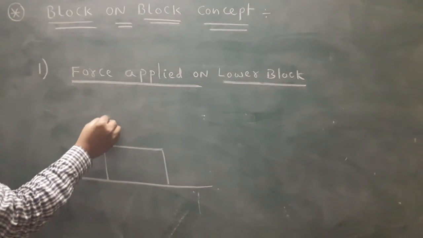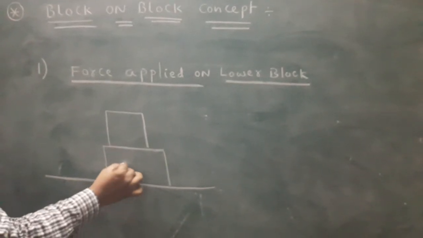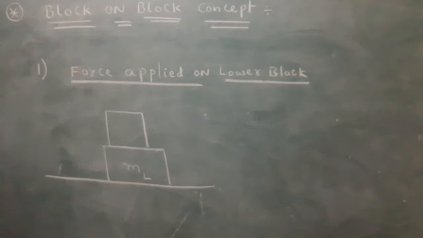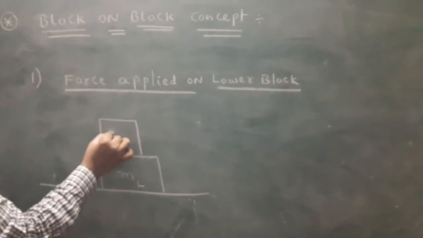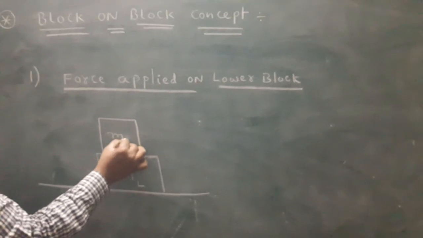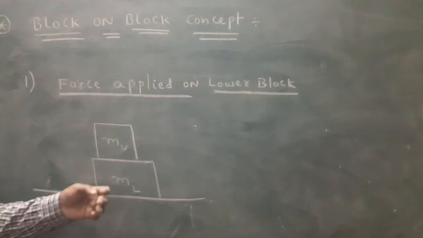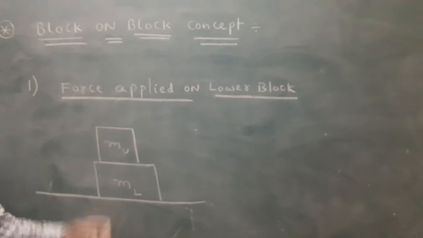Here, one block is placed on the other block. Mass of the lower block, ml, L indicates lower. Mass of the upper block is mu. Once again I repeat, one block is placed above the other block.